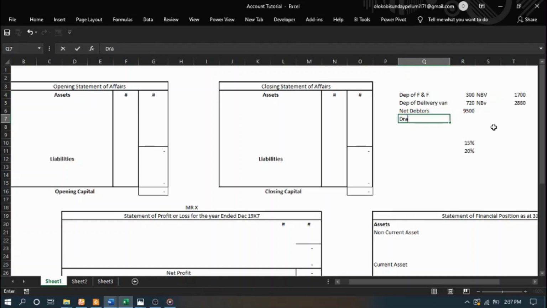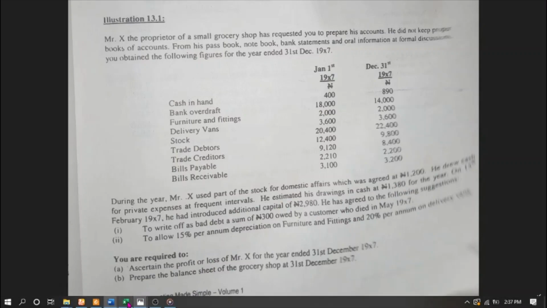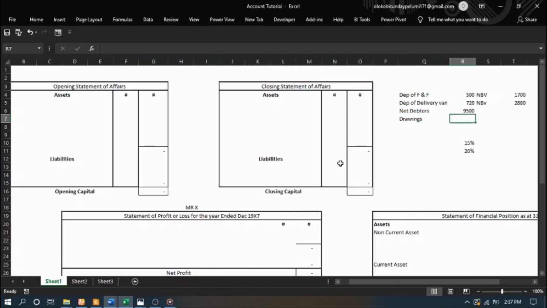So we have drawings. What is the amount of the drawings? He has drawings at these dates. The drawing of goods from stock is 1,200, and the drawing of cash is 1,380. So we can have drawings of 1,200 plus 1,380, which amounts to 2,580.